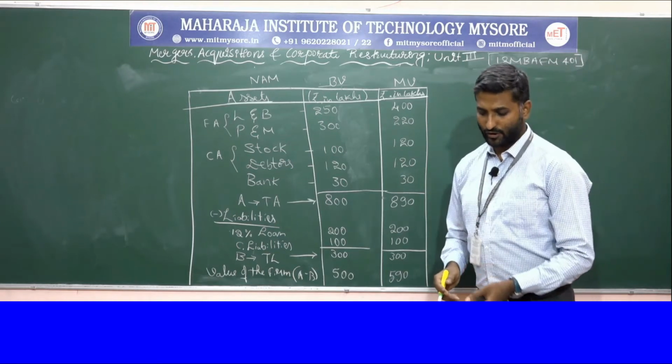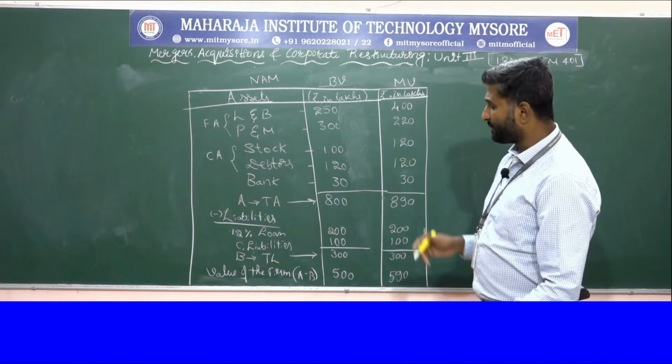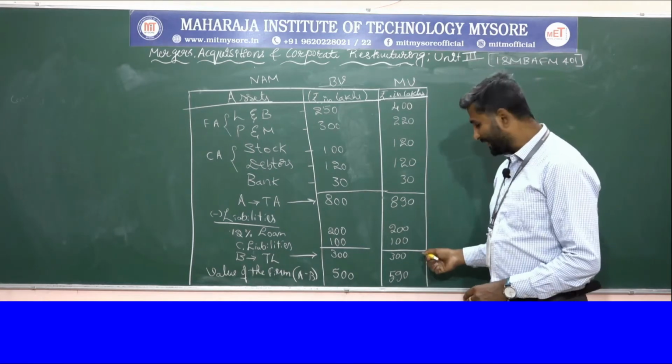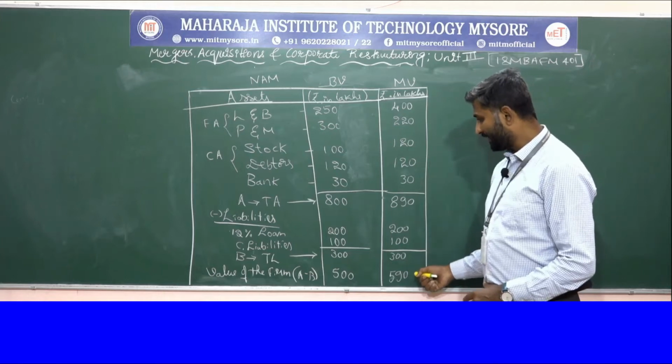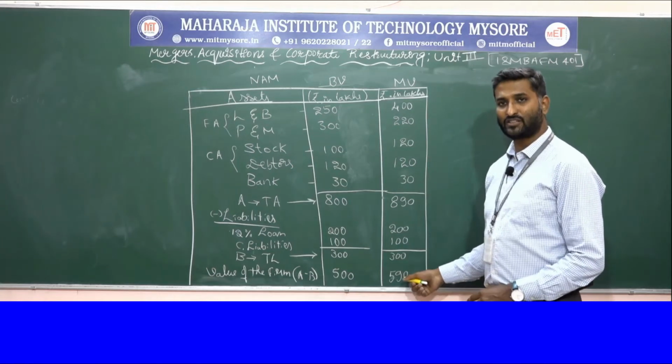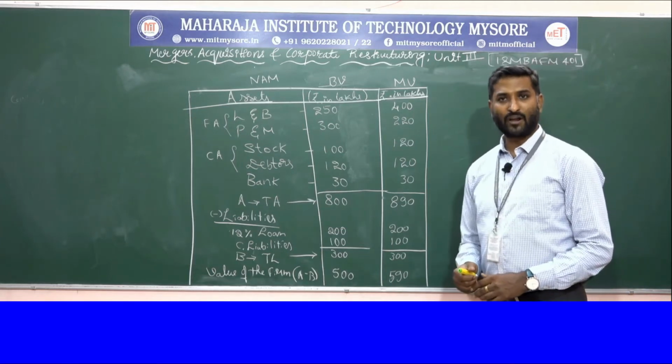So when we calculate the PE ratio, we need to take the consideration of the market value. Therefore, the next step, we take 590 lakhs for the calculation of the price earning ratio.